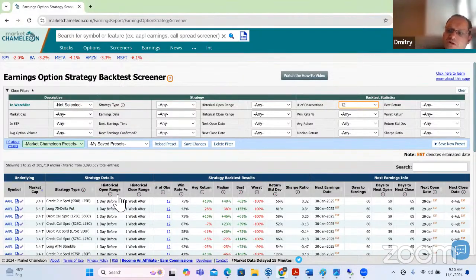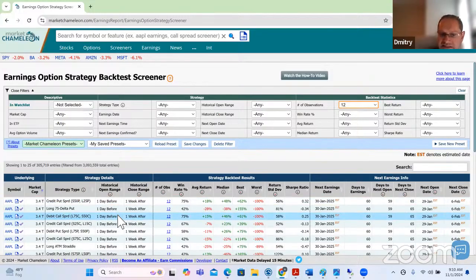We need some way to normalize or standardize the back test so we could compare similar credit put spreads, right? So this is telling us here that the credit put spread in this back test is selling the 50 delta put. Okay, so that's what the S50P means, selling the 50 delta put, which means an at the money put, and L for long.